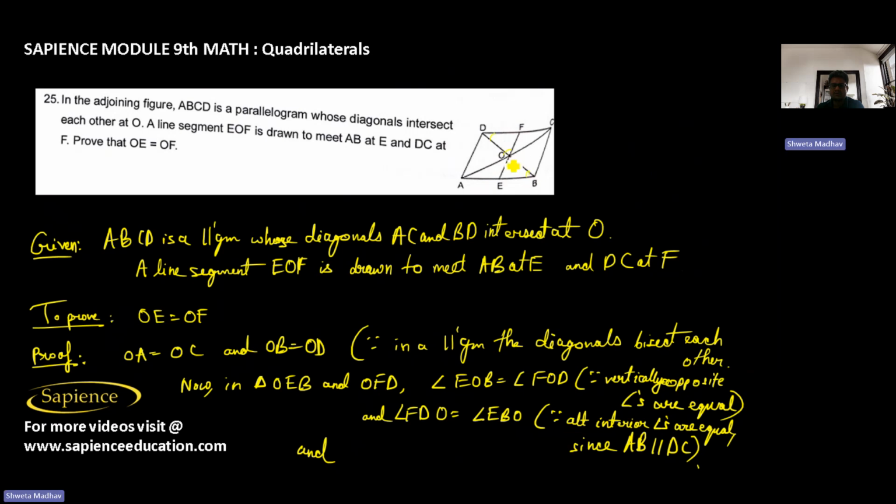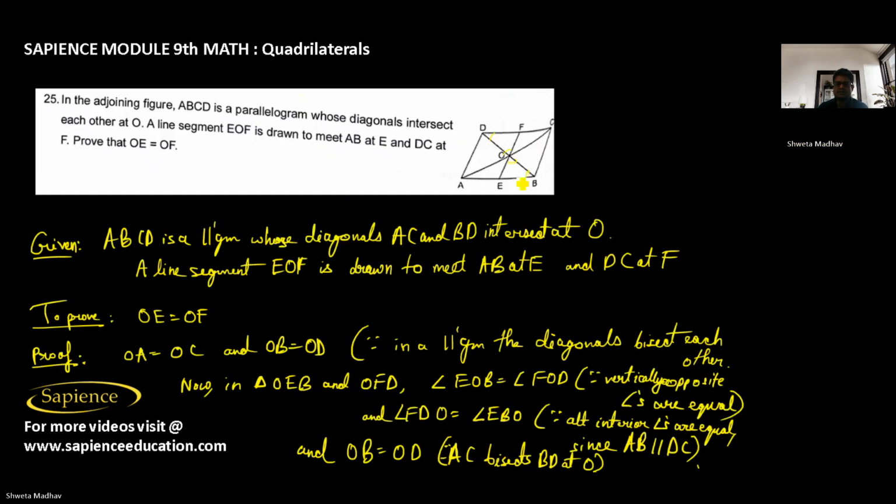And OB equals OD, since AC bisects BD at the point O.